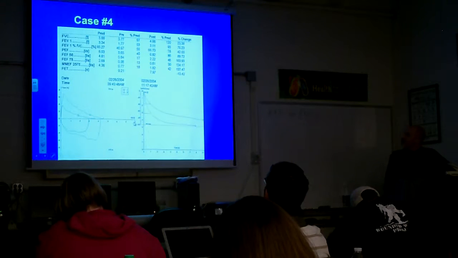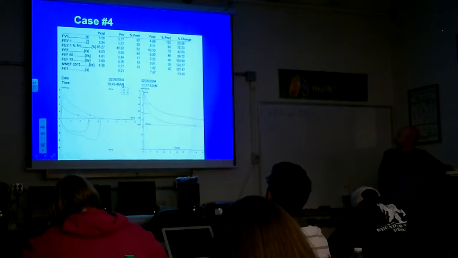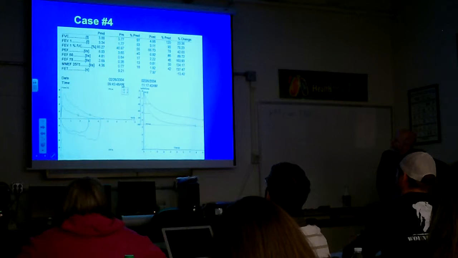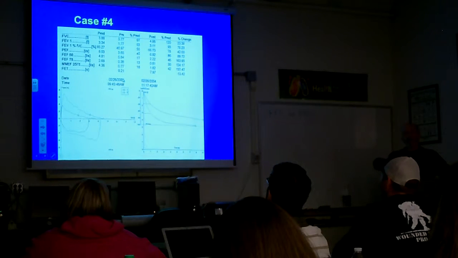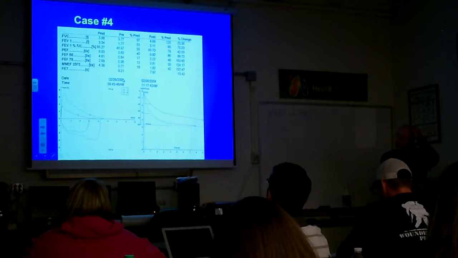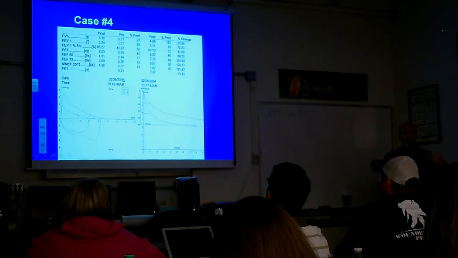So let's look at this one. It looks like this is the pre and post bronchodilator one. Usually when we're doing the interpretation, they're going to look at the post one. So let's look at the post ones here. We're going to look at the FEV1 divided by forced vital capacity post bronchodilator.